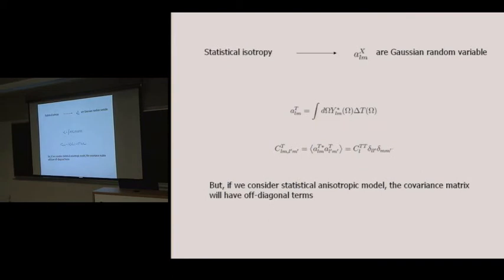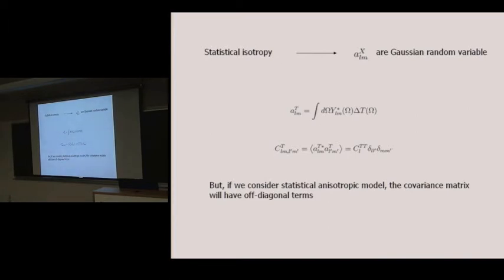If the sky is completely isotropic, then these a_lm are Gaussian variables. These a_lm can be decomposed from your temperature fluctuation on the sky by doing this integral. And if these are Gaussian variables, then this average is equal to the covariance matrix, which proves to be diagonal.